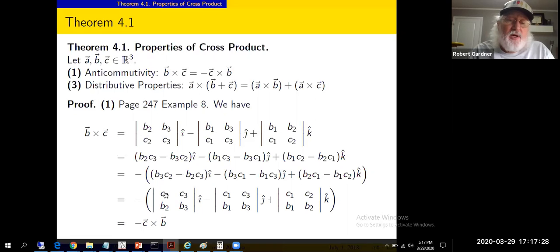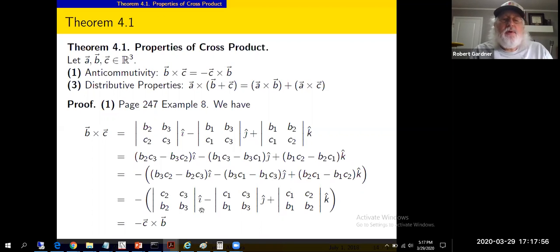And then when we take a determinant here, we'll get C2 times B3 minus C3 times B2. C2 times B3 minus C3 times B2. And similar things happen over here. So by introducing the negative, we can rewrite these in terms of having components of C in the top row, and components of B in the bottom row.